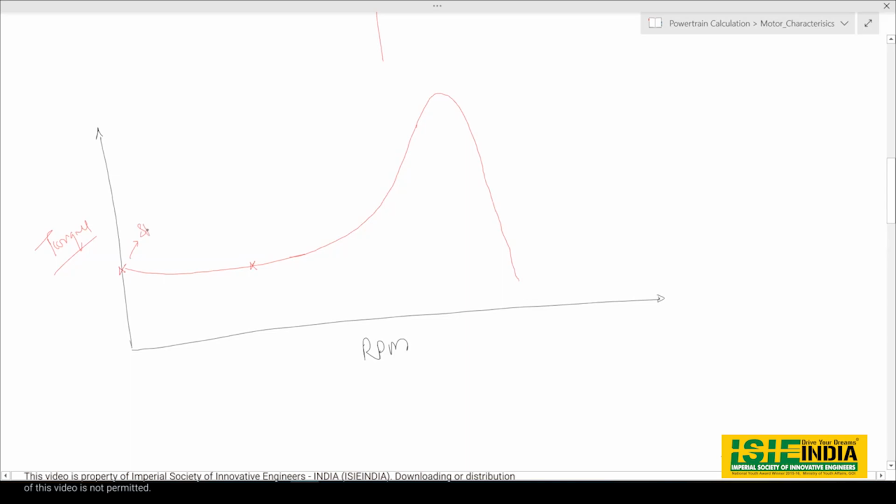Initially you will have a starting torque, then it will start decreasing till you reach a point known as the pull up torque.